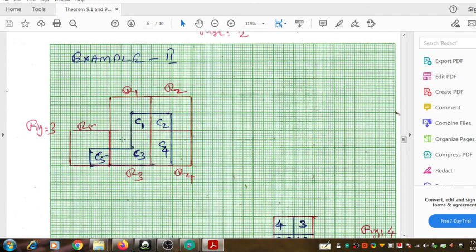You can take this portion and place it here, and if you place this 1/4 portion in the empty portion, you can complete it.